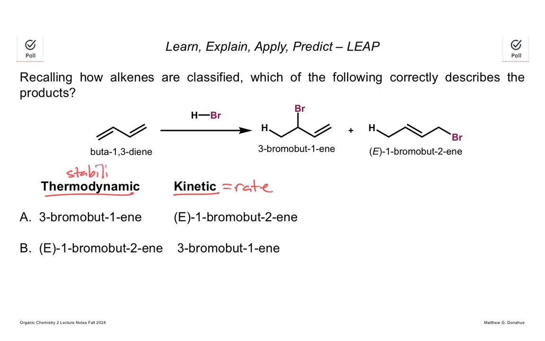Thermodynamic is typically stability. At colder temperatures, the 1,2 product is formed, so that's the kinetic product. When it's warmer, it's the thermodynamic product. And that relates to alkene stability.